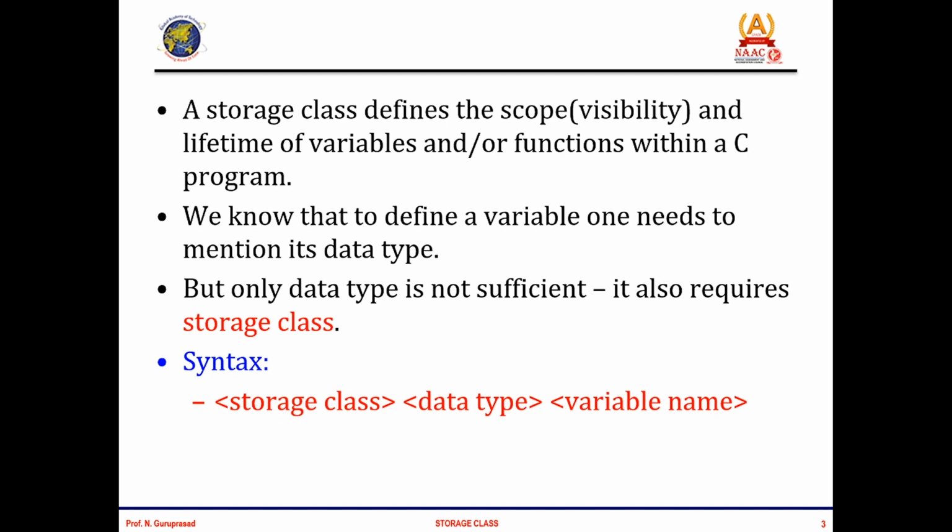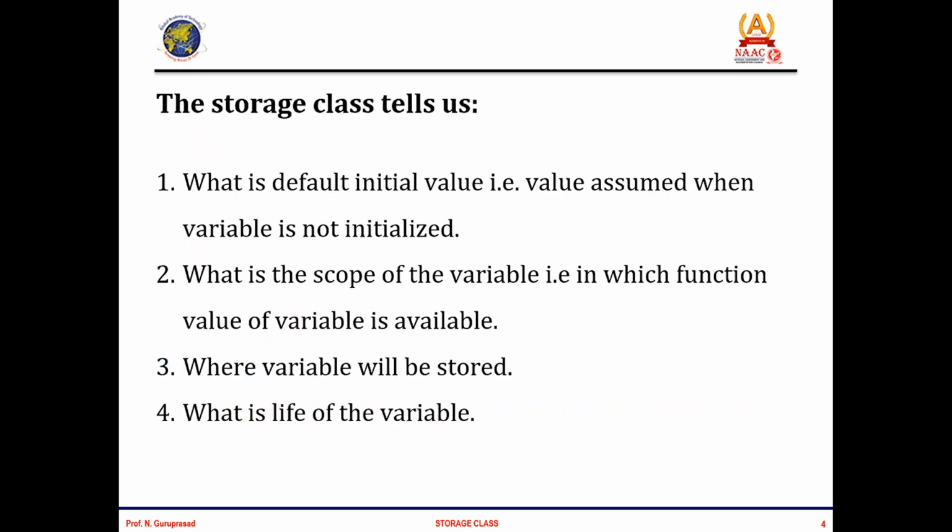But strictly speaking, the syntax of variable declaration has got an extra feature, and that is nothing but the storage class. And hence, the correct syntax of variable declaration is storage class followed by the data type followed by the variable name. We will look into this as and when we proceed further.